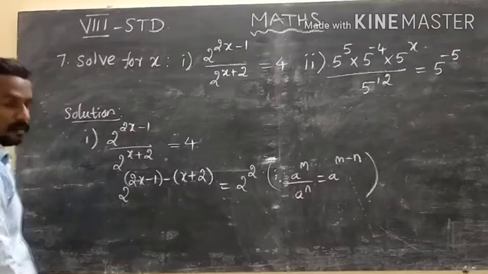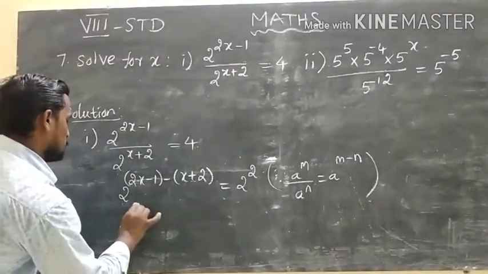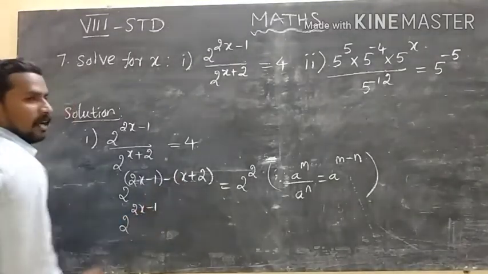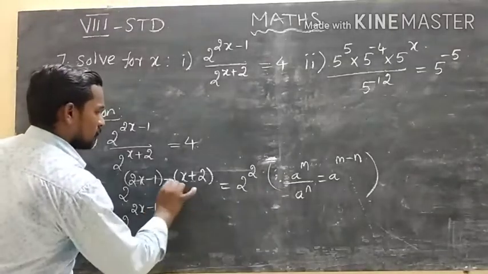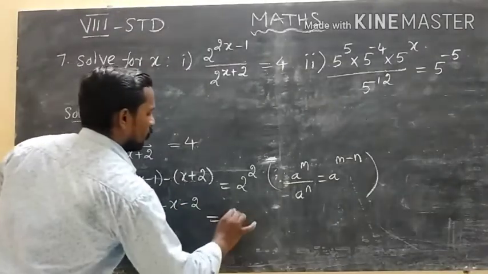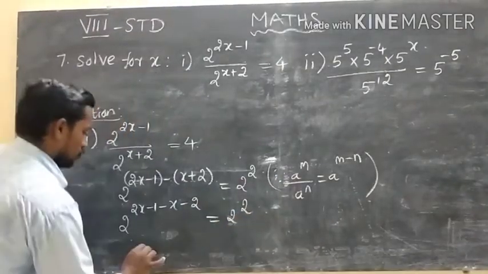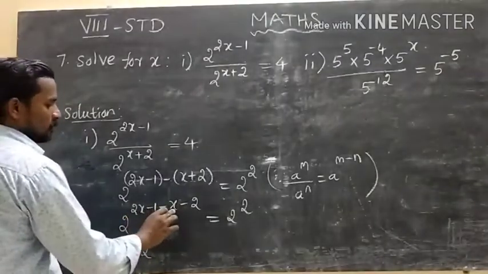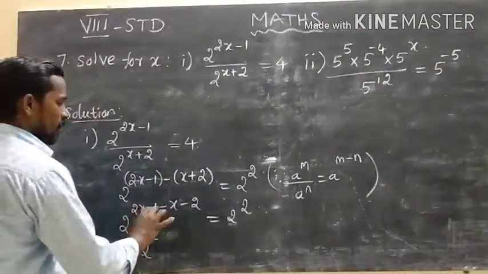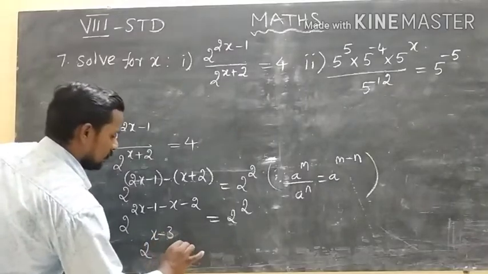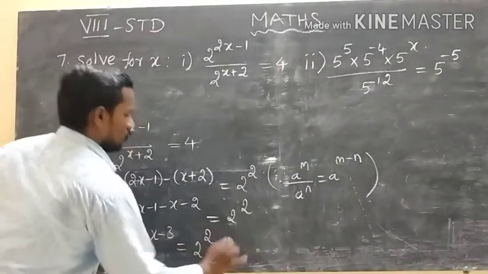So 2 power 2x minus 1, multiplying the minus inside, minus x minus 2, is equal to 2 power 2. So 2 power 2x minus x plus x minus 1 minus 2, total minus 3, is equal to 2 power 2.